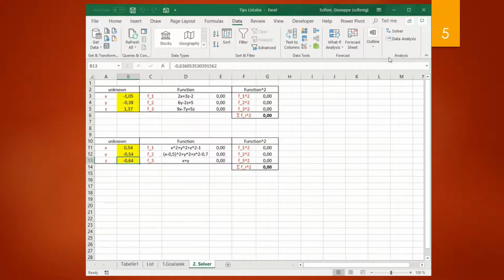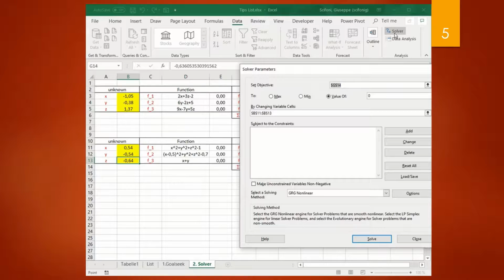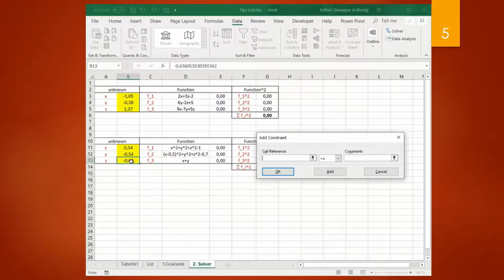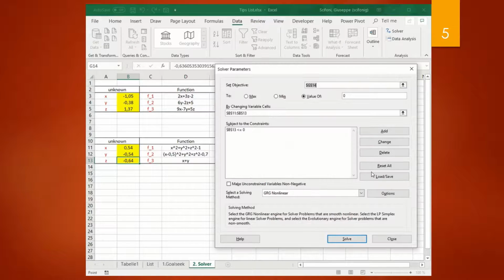Alternatively, we could have set within the solver a special constraint, which says that the z reference must be negative. So in this case, we do not have to specify a correct guess value because this condition must be automatically satisfied.